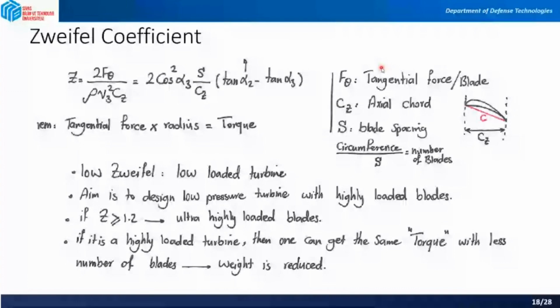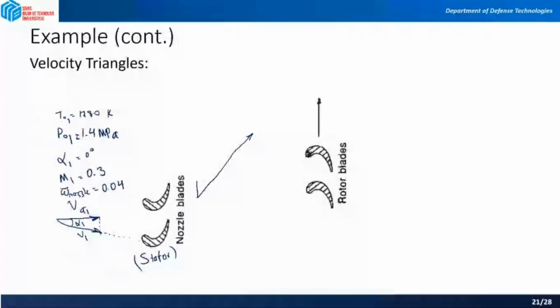So at the exit of this stator blades, you will have your absolute velocity like this, and now your gas is seeing the rotation of the blades, so you will see the peripheral velocity U in here.